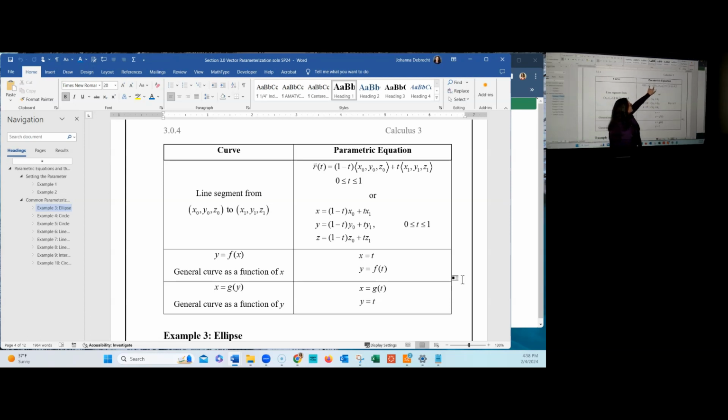The parameterization is 1 minus t times the position vector of the initial point. So this is a position vector as opposed to a point. With round parentheses, it's a point, but with angled brackets, it's a vector. This is the standard position vector from the origin out to that point, plus t times the position vector of the second point.